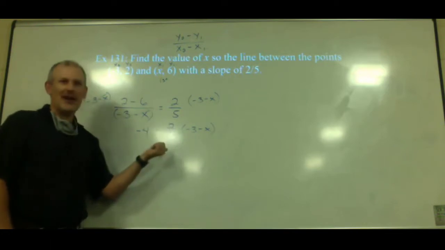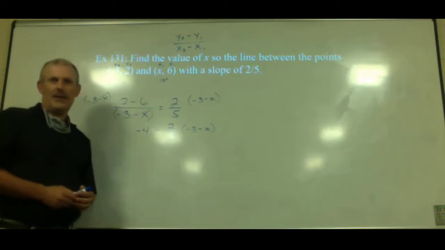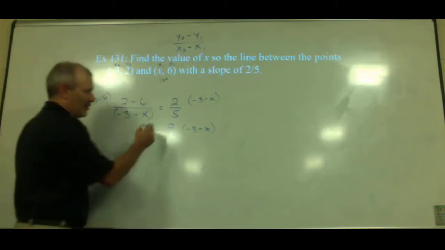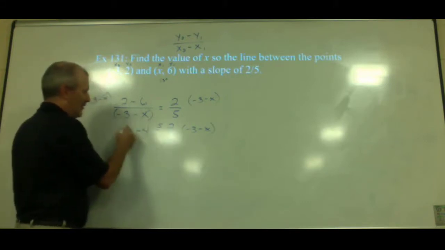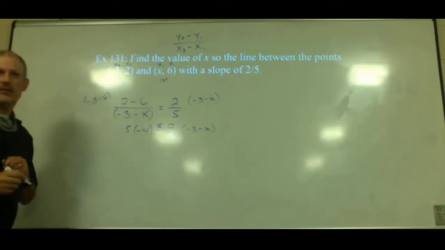Again, I don't really like the fraction, so how can I get rid of this fraction? Multiply by what? By a 5. A 5 will cancel out the bottom 5, right? So we multiply by 5 and 5. Notice that'll cancel. They're dividing by 5, we multiply by 5.